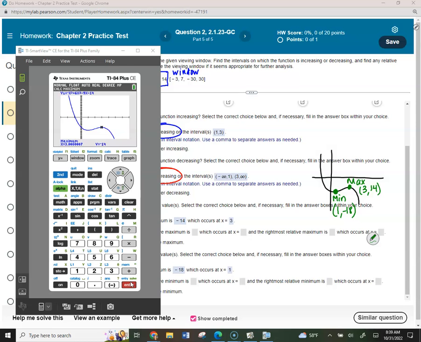Then you would remind yourself of what the question was asking. Increasing, decreasing, right? Go to mine, because you're not gonna get to use that one on the test.